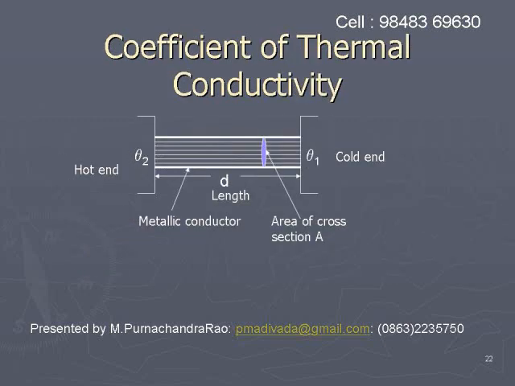To derive a relation for the coefficient of thermal conductivity, the measure of conductivity, let us imagine a metallic rod in the form of a cylinder.